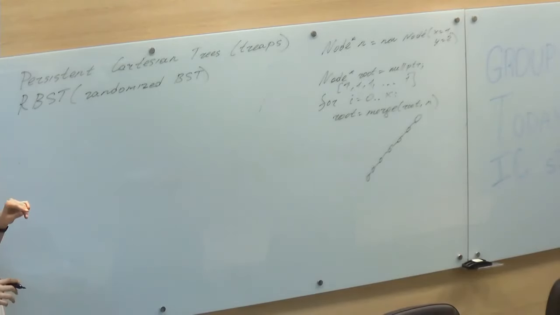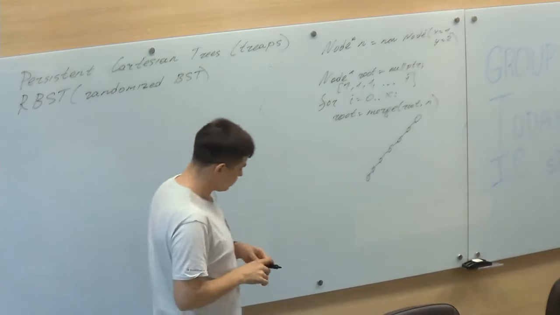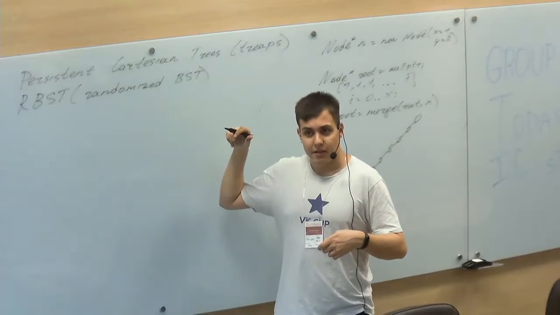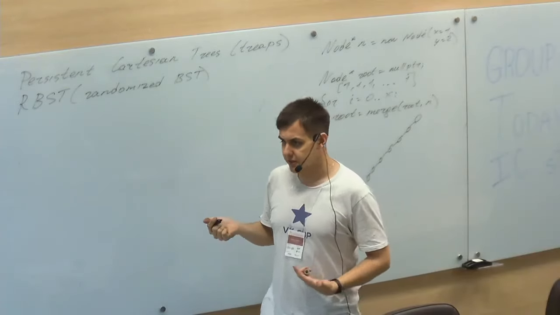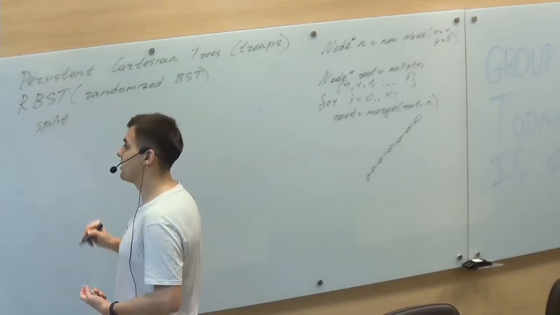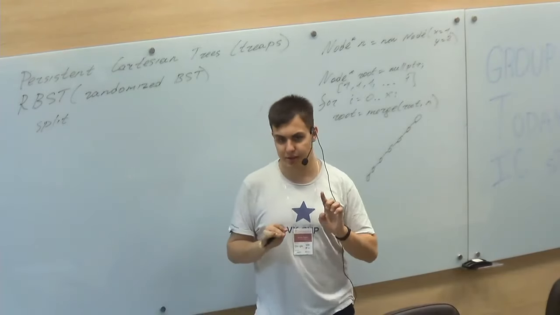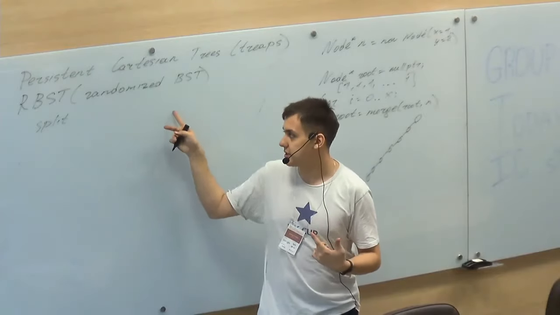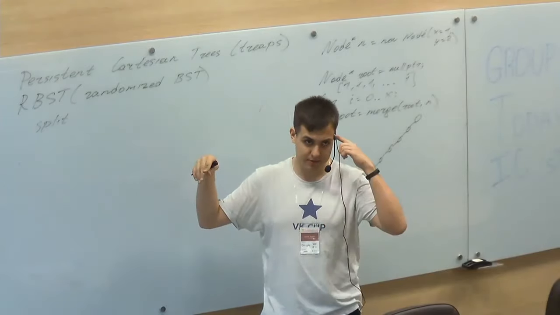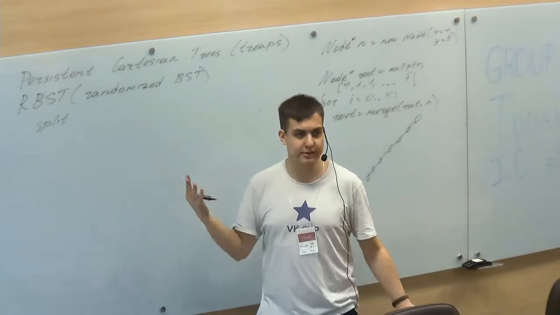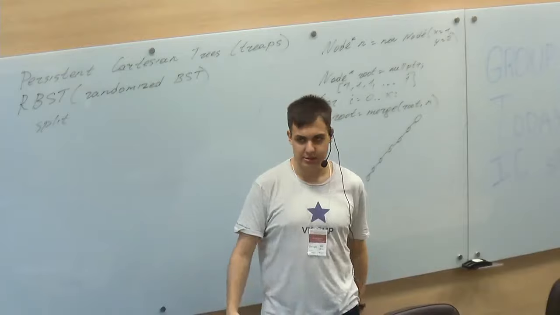So what I want to do is, well, first let's look at the split operation. Split doesn't look at priorities at all. It only looks either at keys or at the values or at the subtree sizes, and doesn't do anything with priorities. So split remains the same.